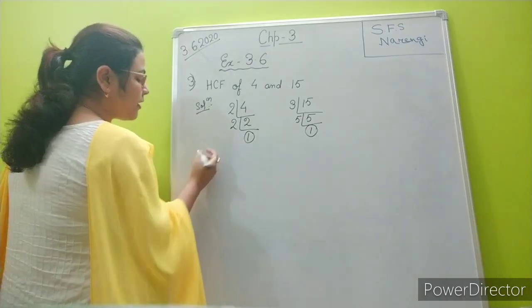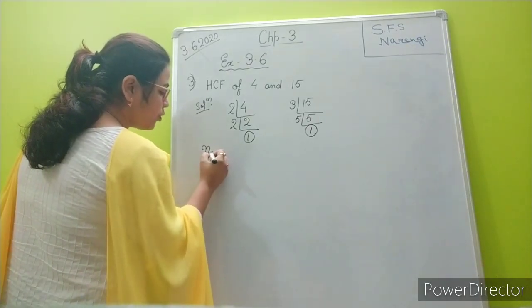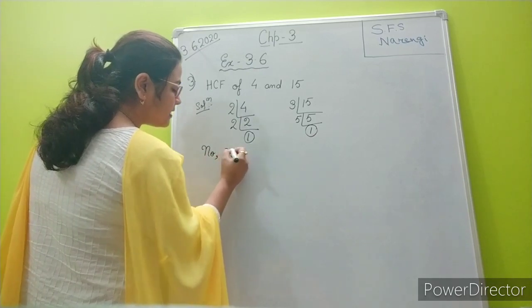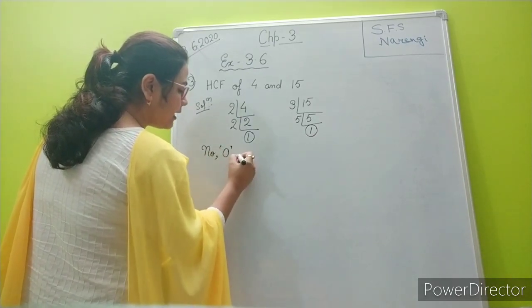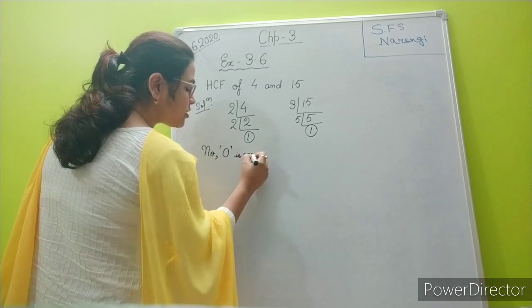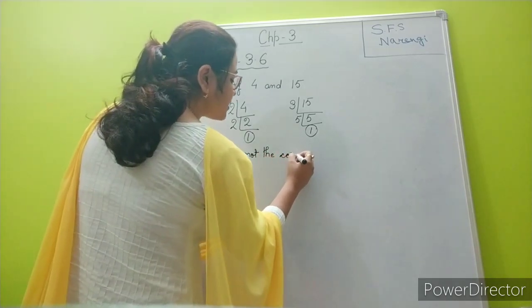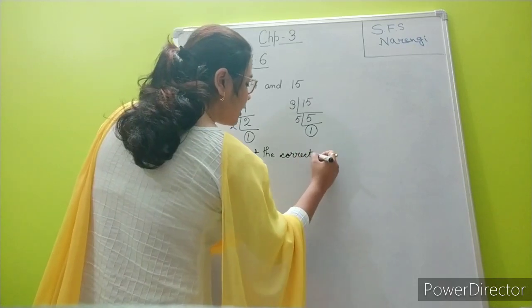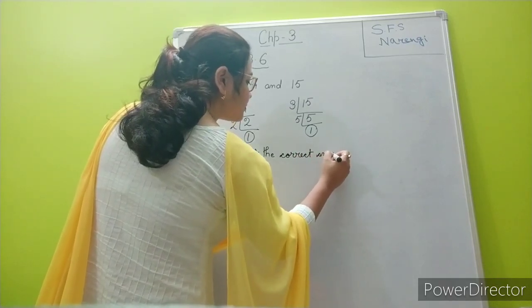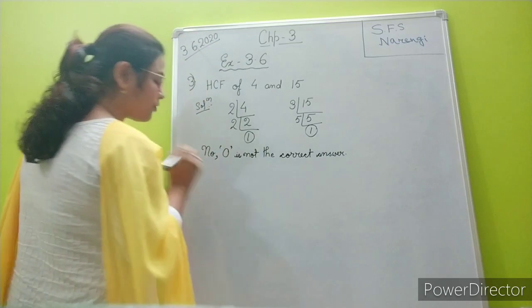So, first of all, we have to write no, 0 is not the correct answer. Then what do we have to write?